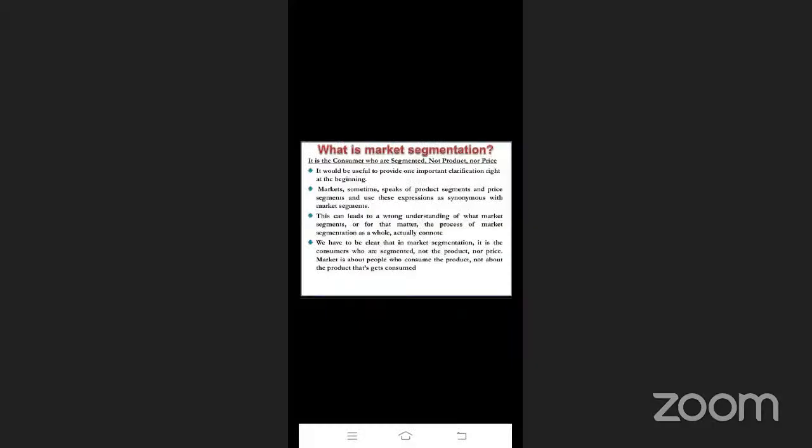Many persons have unlimited wants, so all the wants cannot be fulfilled by the market. So market segmentation is the process of dividing a market of potential customers into groups. Here, it is customers who are segmented, not products, not price.